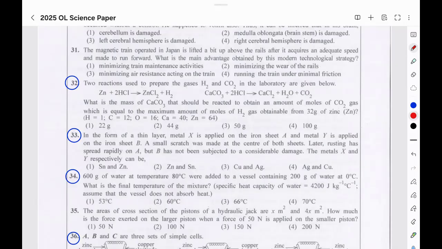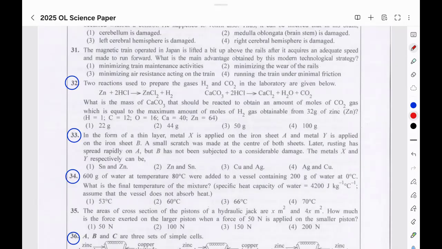Zinc is reacting with HCl to produce zinc chloride and releasing hydrogen. Calcium carbonate is reacting with HCl to produce calcium chloride, water, and carbon dioxide. So they have clearly mentioned the two reactions.